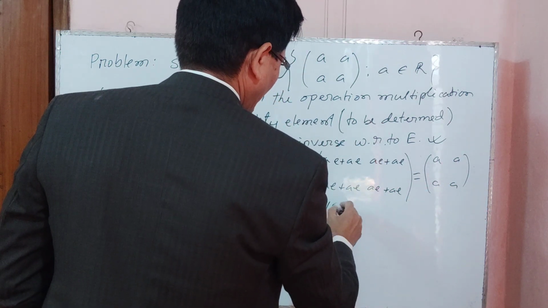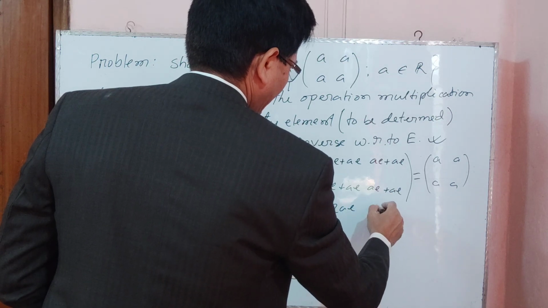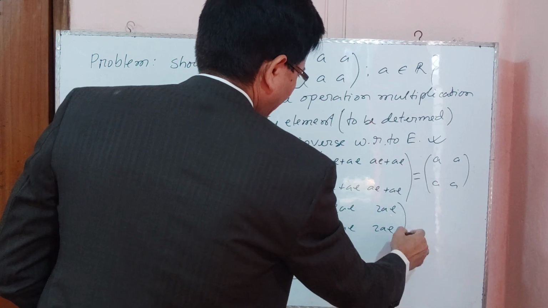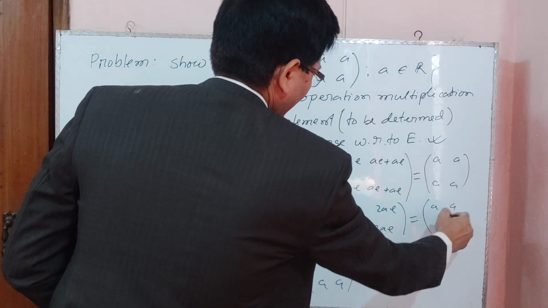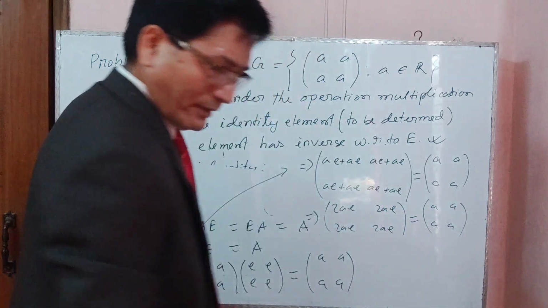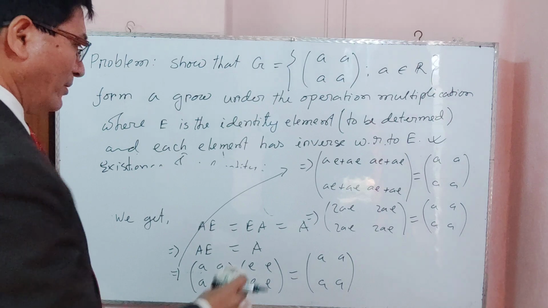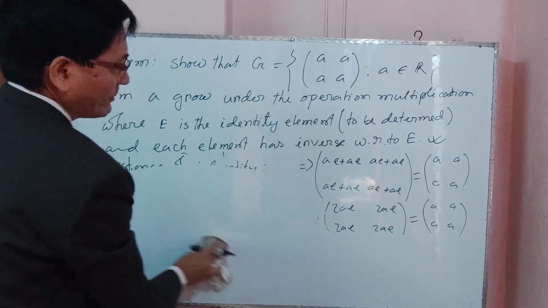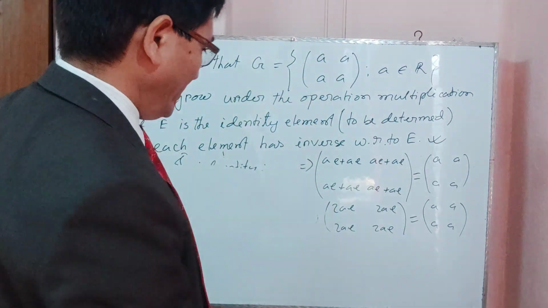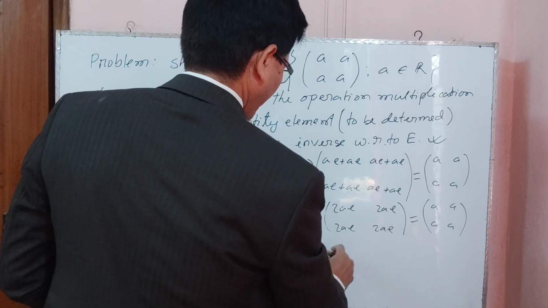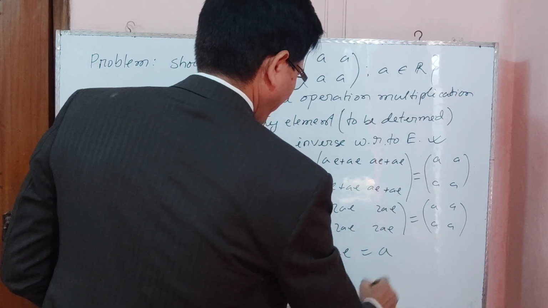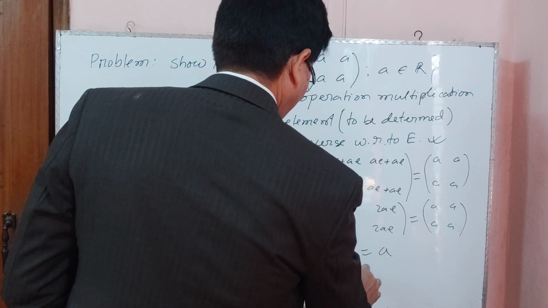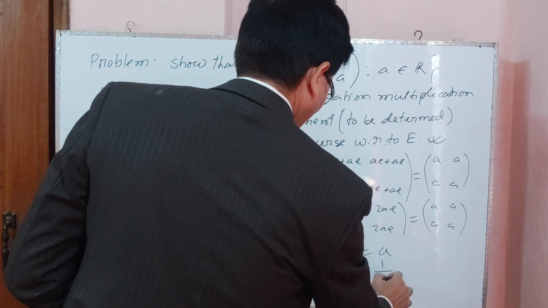So twice A and twice A, this equals A and A. From the property of equivalent matrices, we get twice A equals A, and from here E equals 1 by 2.